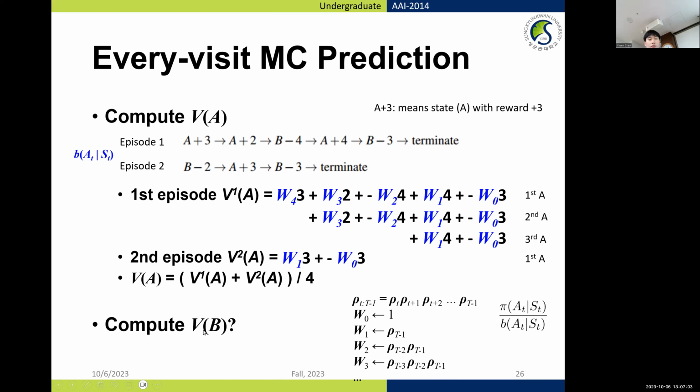So try to calculate VB. You can try to calculate this VB based on the current setting.